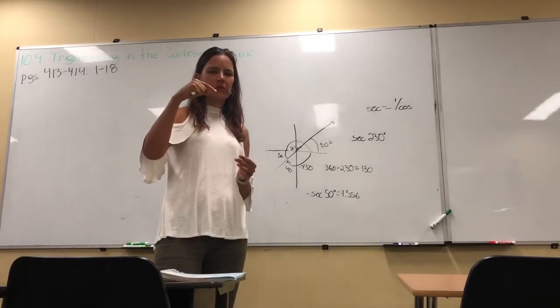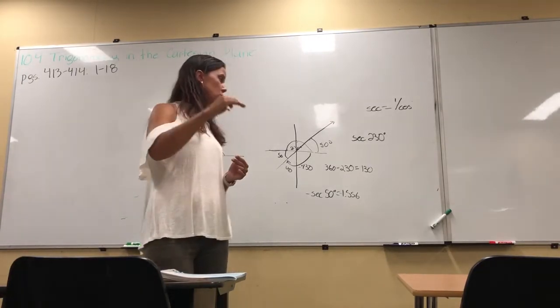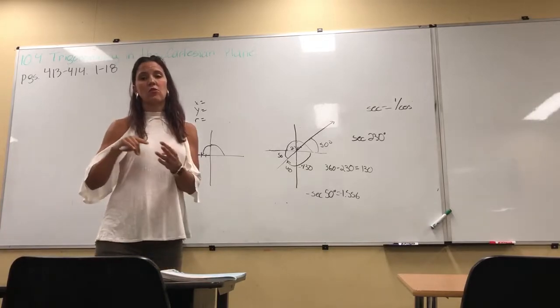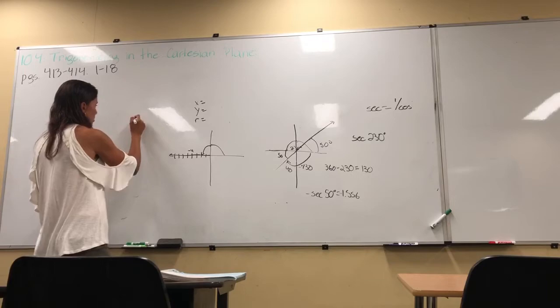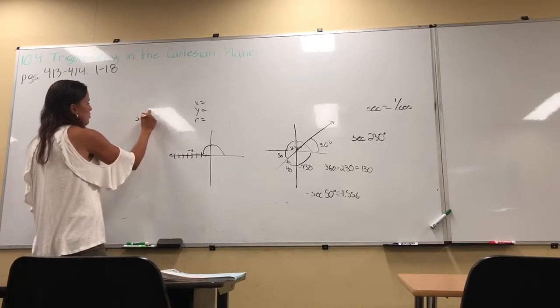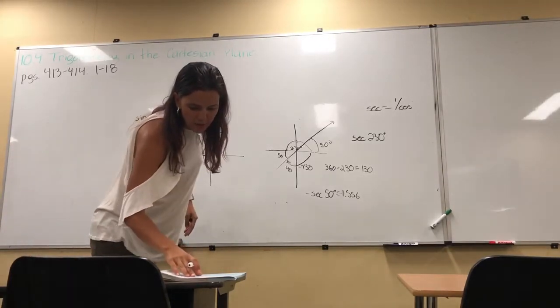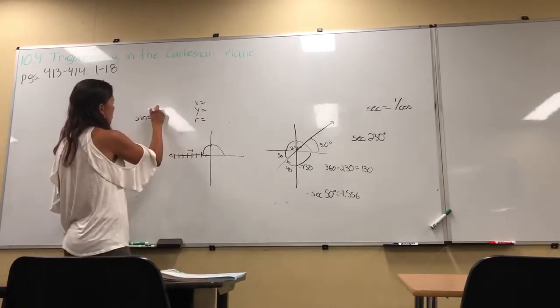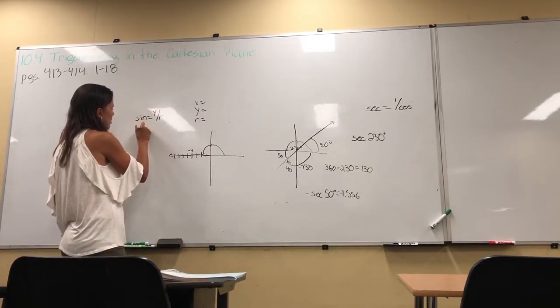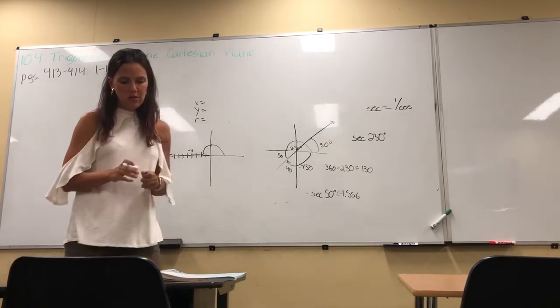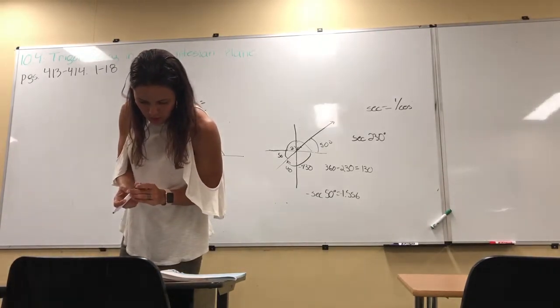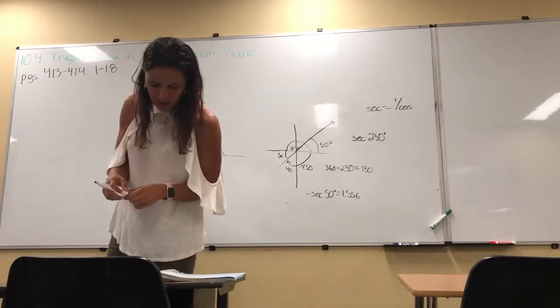Because remember that if you have r, you can do your sine and your cosine in terms of r, and your tangent in terms of x and y. So your sine was, I'm just going to look it up because I forgot, y over r. Your cosine was x over r, and your tangent was x over y. So they want to know sine, cosine, tangent, that's it, of the 180 degree angle.